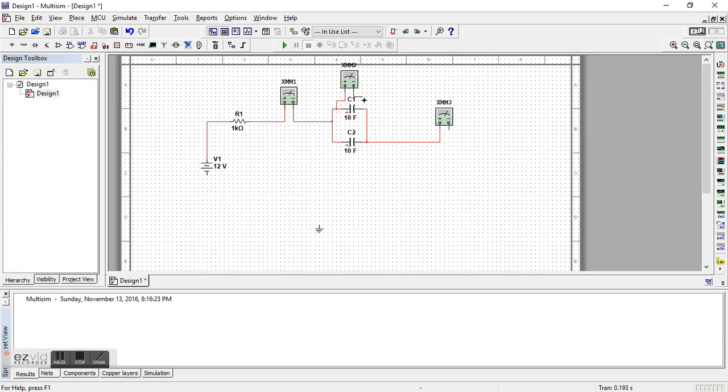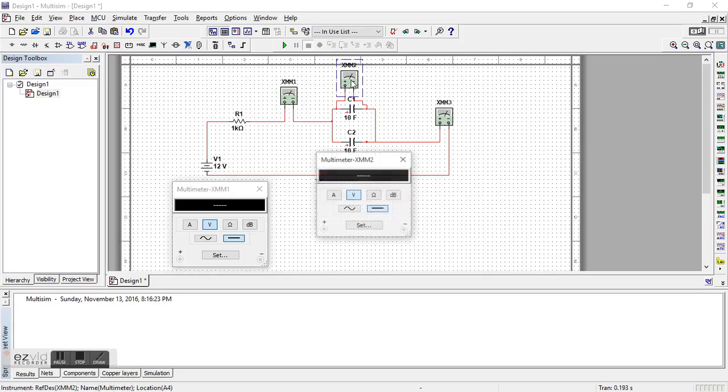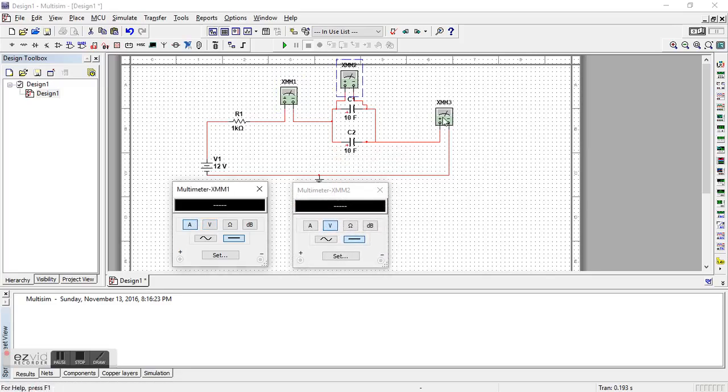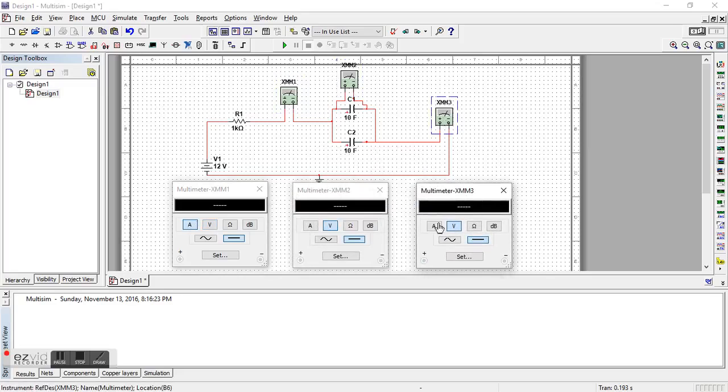Then we'll connect the voltmeter in parallel to the capacitor. Then we'll connect and close the circuit, and set the ammeters for current. Then run the circuit.